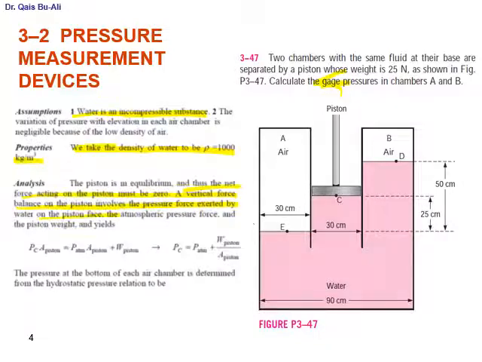All of this you can just read. All he's saying is there's a force balance, where PC, the pressure at point C, is equal to the pressure caused by the atmosphere plus the pressure caused by the piston.